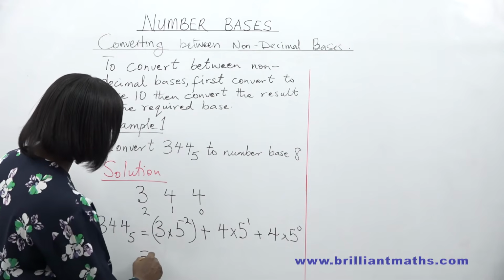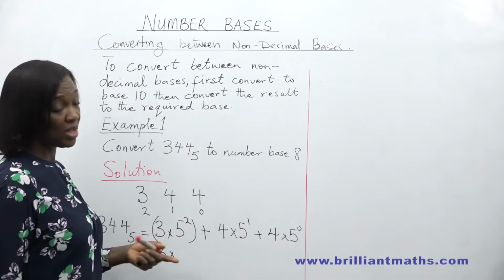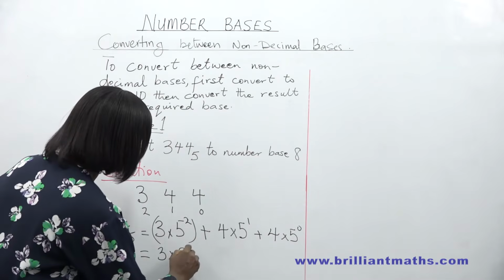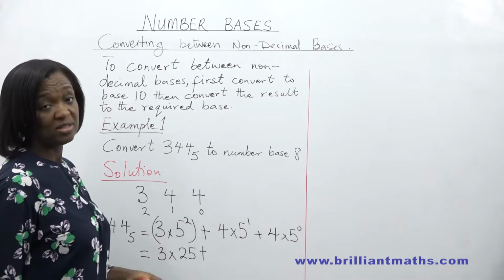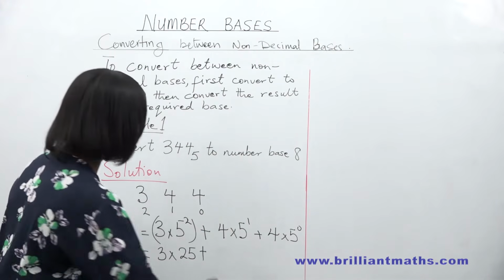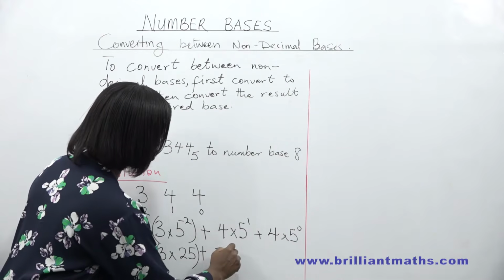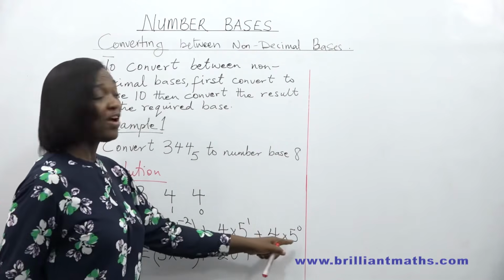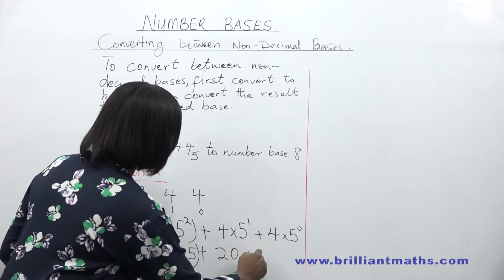So this becomes 3 times 5 to power 2 is 25, plus 5 to power 1 is 5, and 5 times 4 is 20. Let's still put this in a bracket, plus 20, plus 5 to power 0 is 1. So 1 times 4 is 4.